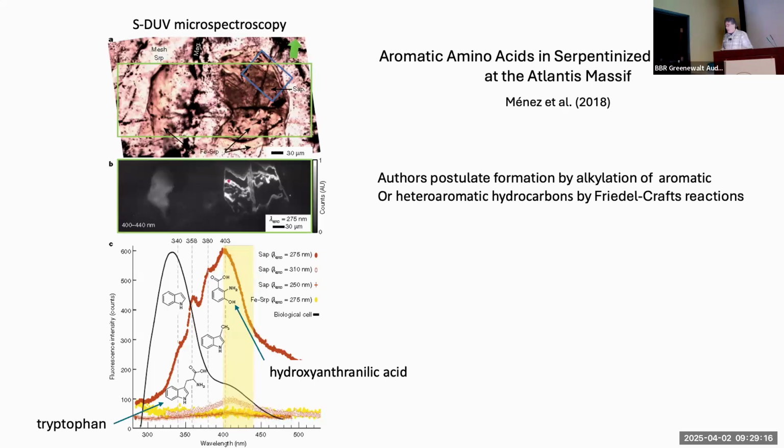And the mechanism here, they propose that you're abiotically forming perhaps aromatic compounds or heteroaromatic compounds, and you're alkylating, maybe adding a pyruvate group to the initial aromatic structure, and suggested that these are actually abiotic amino acids forming in the crust on Earth.